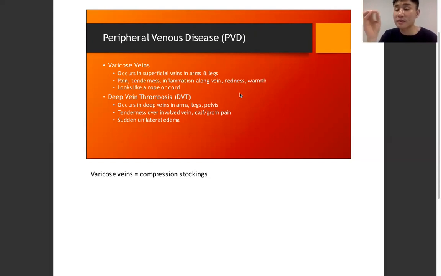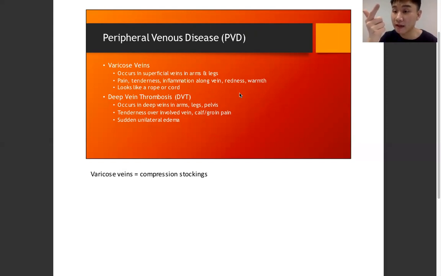Deep vein thrombosis is clots inside the vein in the legs, and these are really bad because they can obstruct perfusion and can cause a stroke if it travels to the brain, or can cause a pulmonary emboli if it goes to the lung, right? So it occurs deep in the vein. And why does it cause thrombosis? I told you guys earlier, whenever the blood is pooling, there will be issues with backup of fluid and clotting.